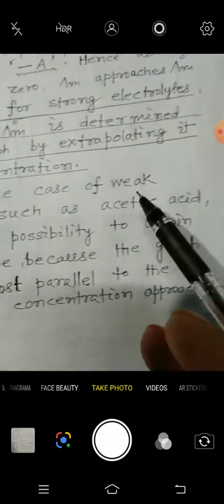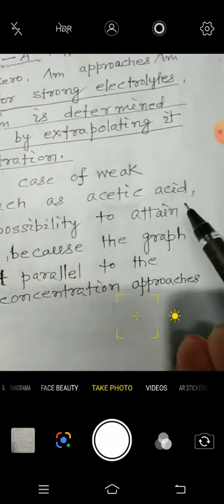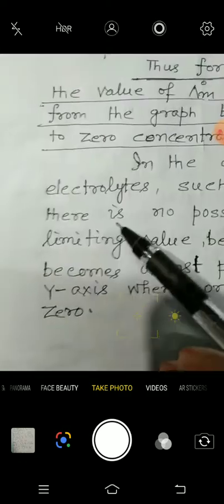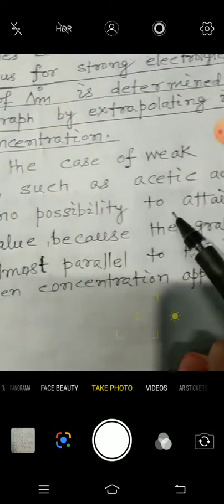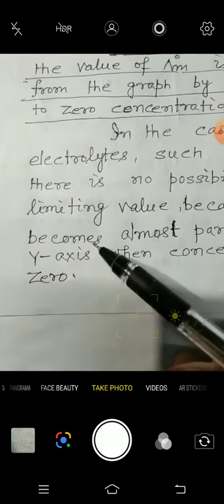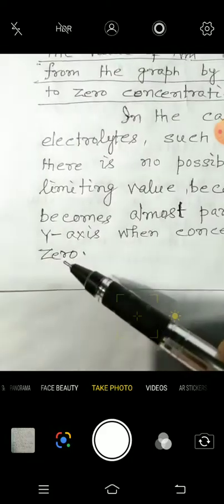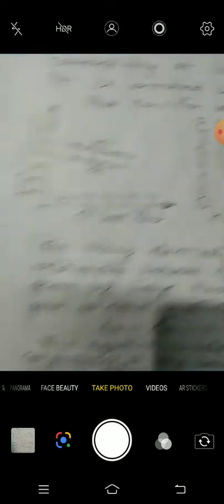In the case of weak electrolytes such as acetic acid, there is no possibility to attain the limiting value because the graph becomes almost parallel to the y-axis when concentration approaches 0. So once again you can see the graph.